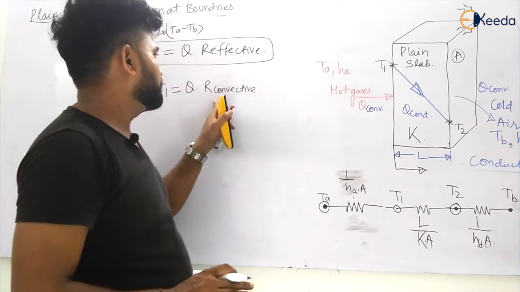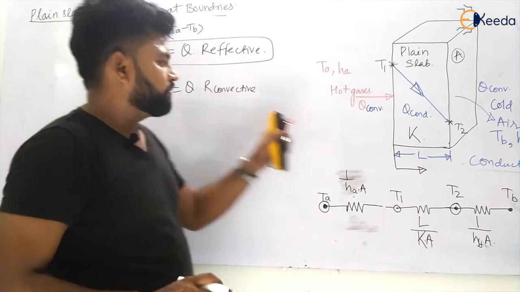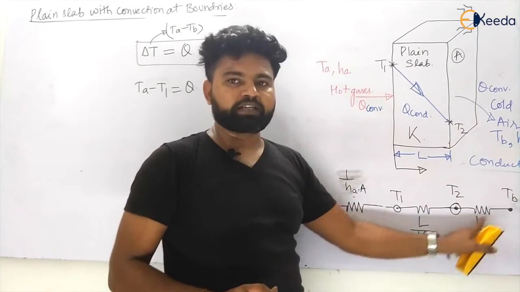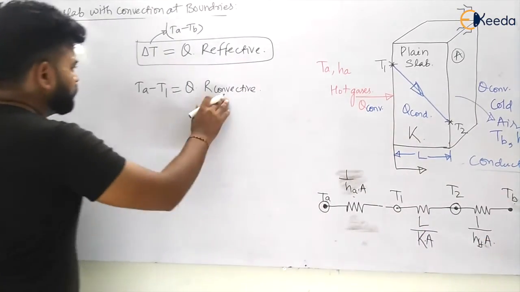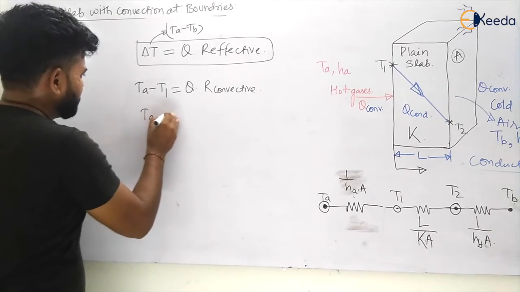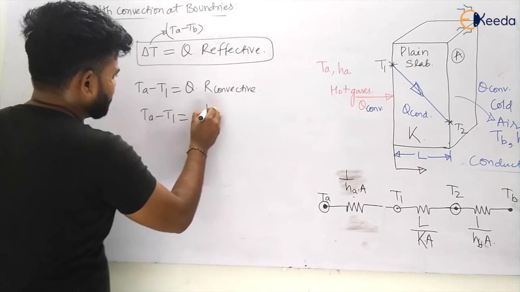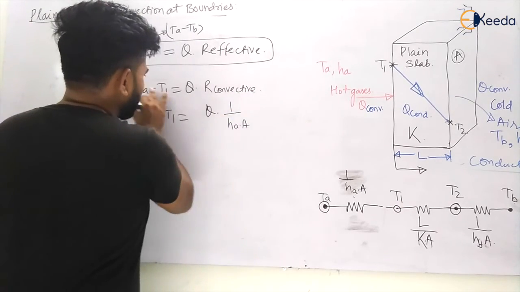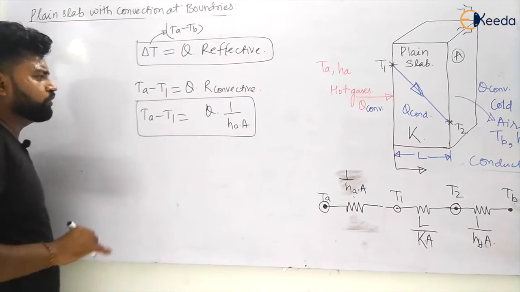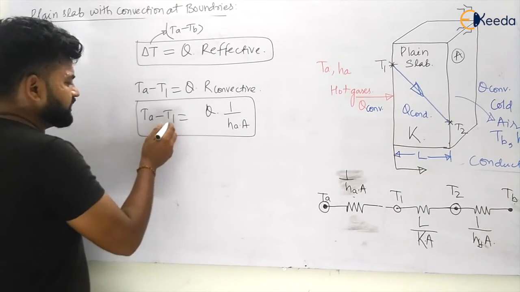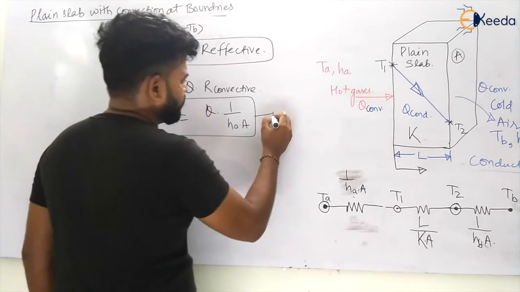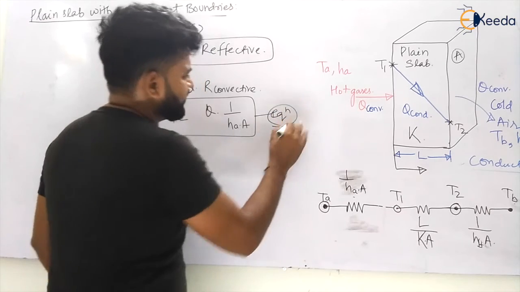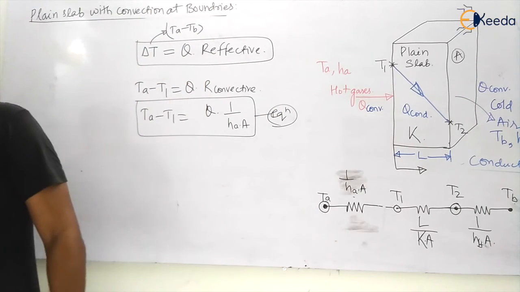Then, after calculating the heat from T2 to Tb, since these properties are known, you can easily calculate. So what is R convective? Ta minus T1 is equal to Q into R convective, which is 1 upon Ha into A. So you can easily find any temperature T1 or Ta from this equation, my dear students. It will give the same result.